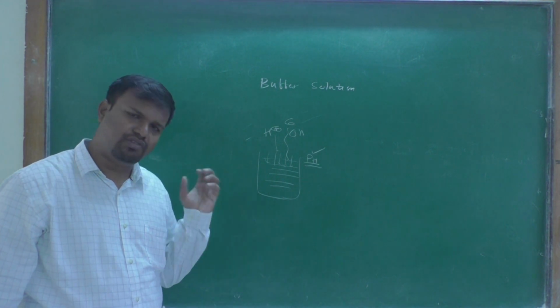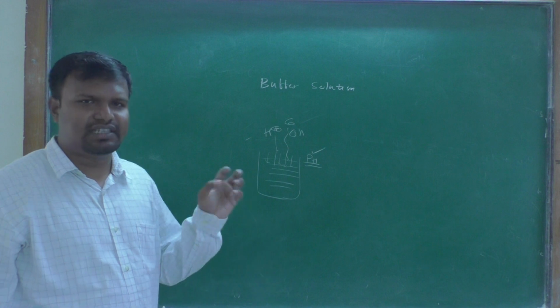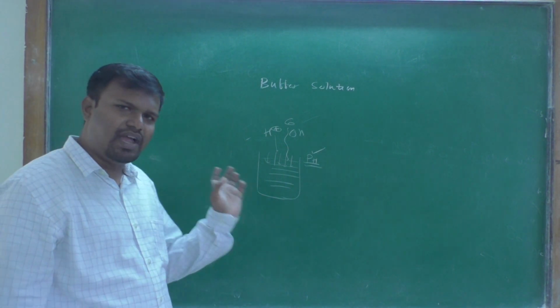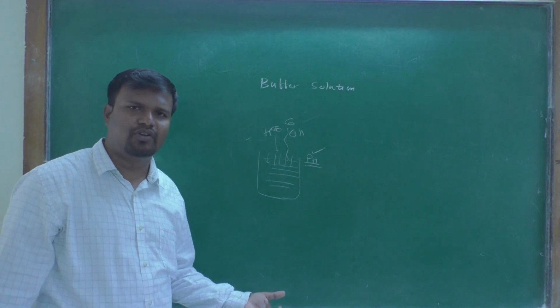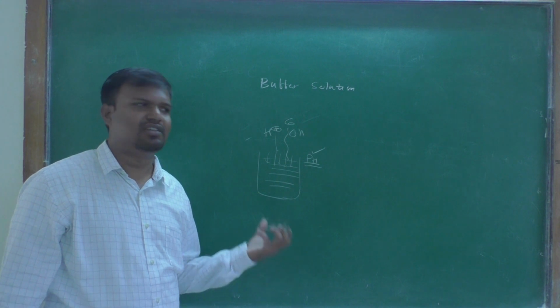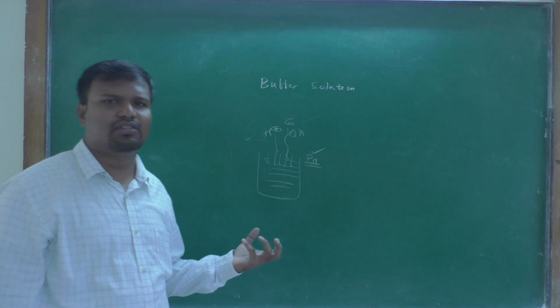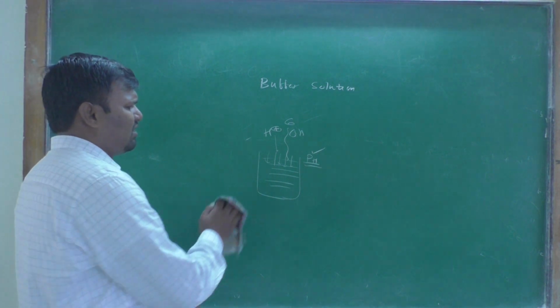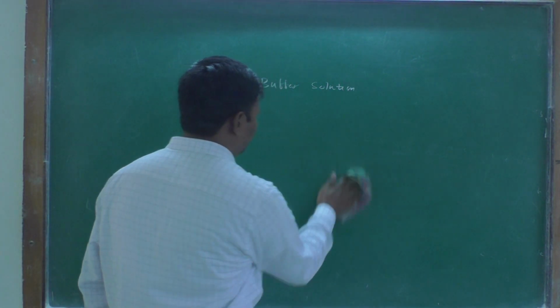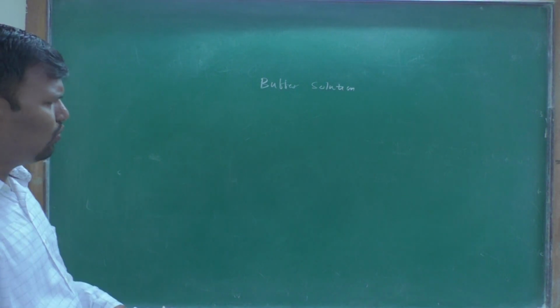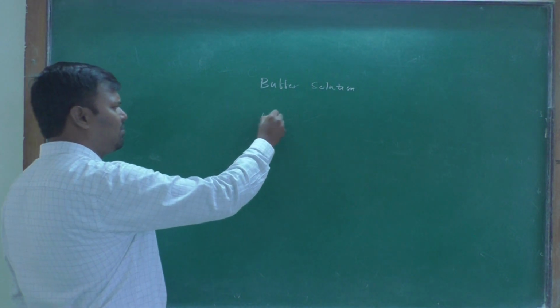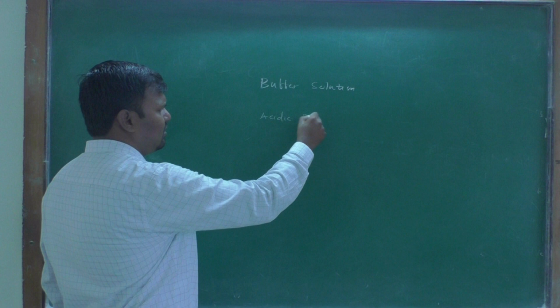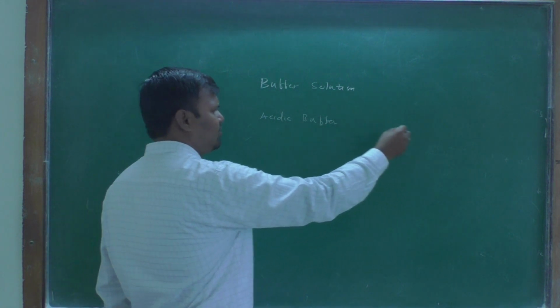Buffer solution: when you dilute the solution, you add a small amount of acidic solution, or you add a small amount of OH minus basic solution, no change takes place in pH. That solution is nothing but the buffer solution. The buffer has two types, that is the acidic buffer, and the second one is the basic buffer.